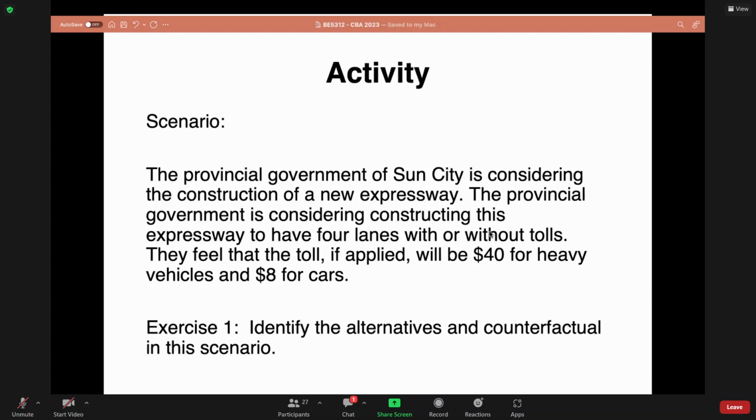So it says the provincial government is considering constructing a new expressway. It can have 4 lanes, and either you can do it with tolls or without tolls. It can be a tolled highway or a free expressway.